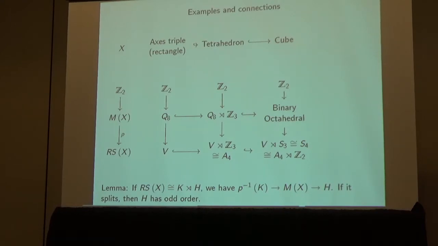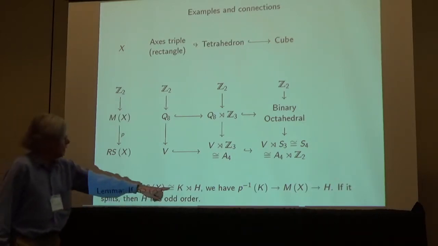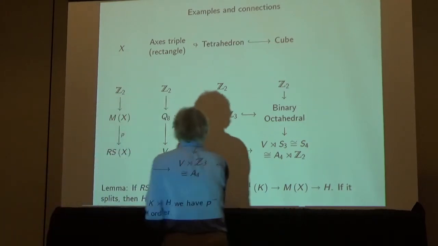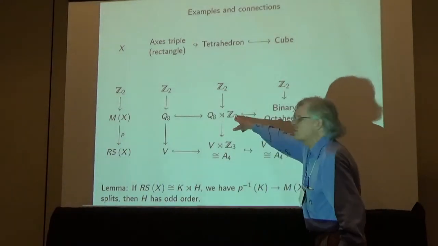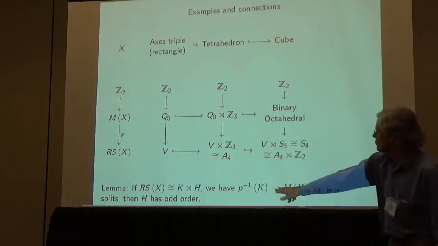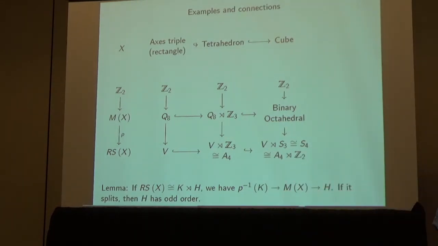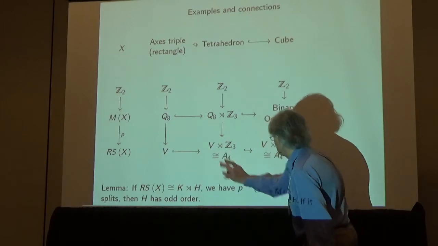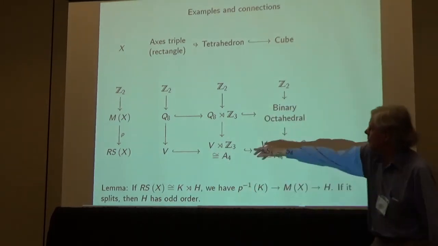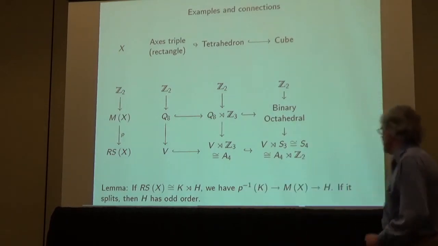And here's a little lemma that one can also prove, and that is that if your rotational symmetry group is a semi-direct product, like this, then you can ask, well, gee, would this semi-direct product structure lift to here, like happened here? And indeed, you do get a short exact sequence of groups here using this H, which was the Z3 here at the bottom, and then P inverse of the K here.